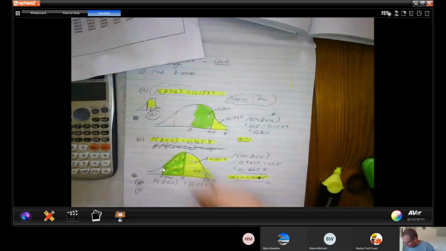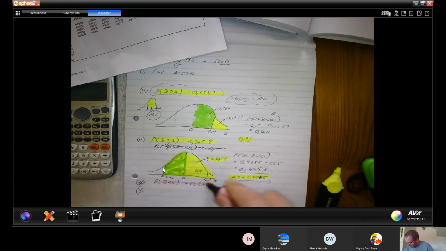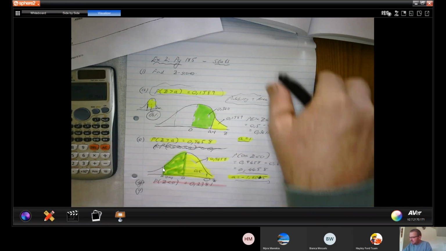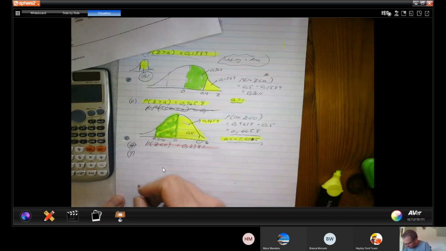So G says we want the probability that Z is less than A is 0.2381. Now we've done bigger than A, so the areas have been to the right of wherever A was. Now the area to the left of A is going to be 0.2381. So we're going to draw a diagram.